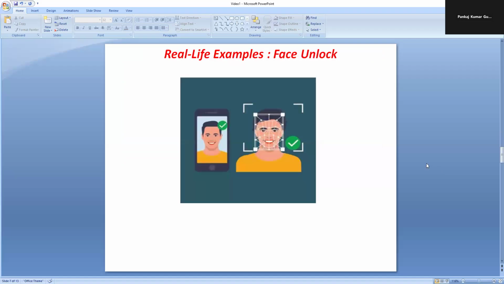Now let's talk about some real life examples of artificial intelligence. Nowadays, everyone uses a smartphone, and we have face lock where we can unlock the mobile by using our face. That system is developed on AI.